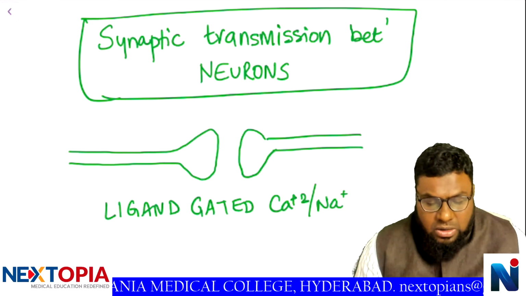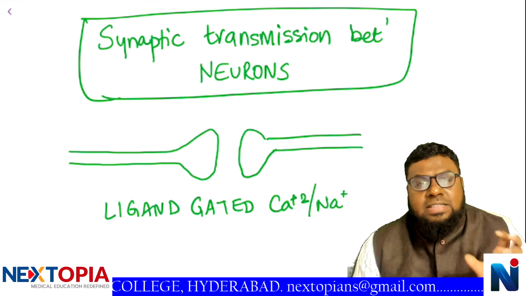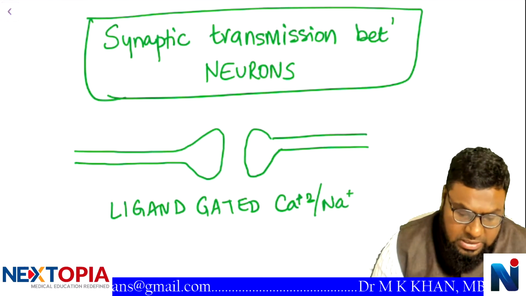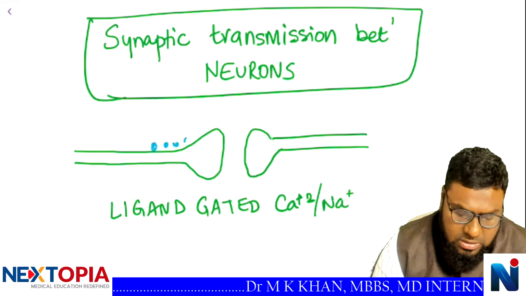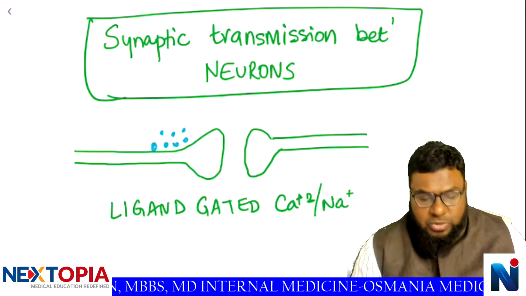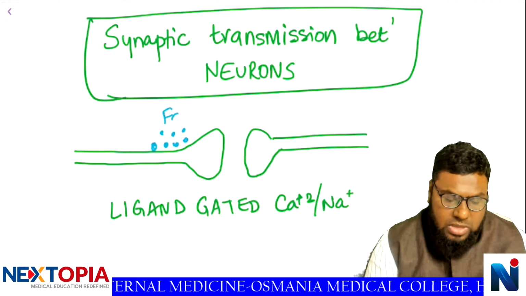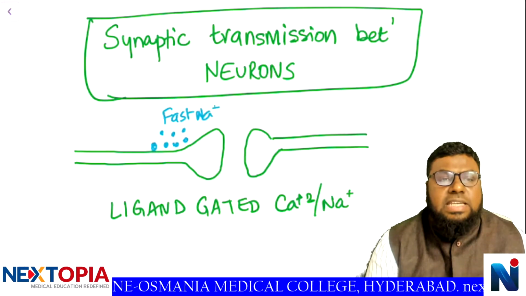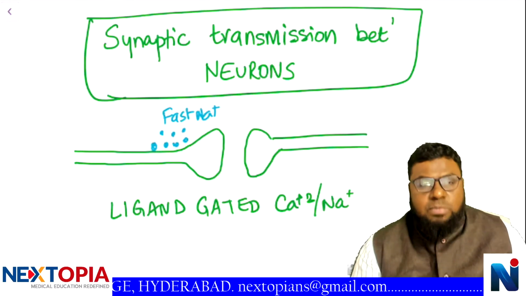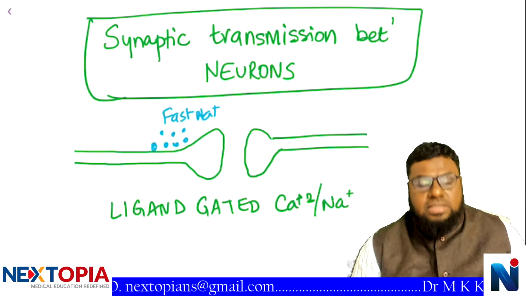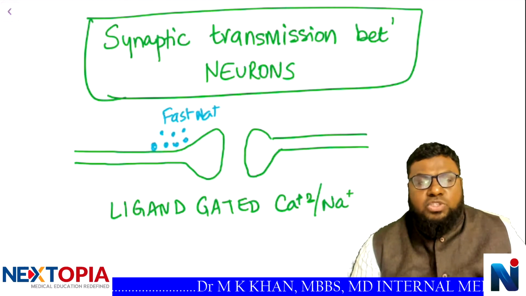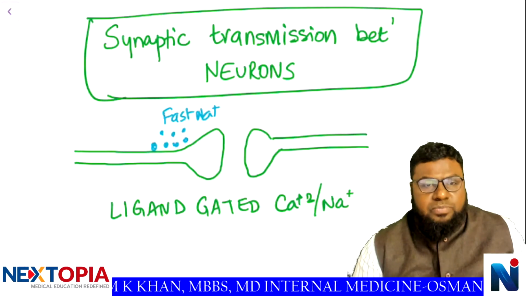The axon hillock, the initial segment of this region, has high density fast moving sodium channels which initiate the action potential. The closer the synapse, the greater is the transmission. So if the intersynaptic distance is short, the transmission is greater.